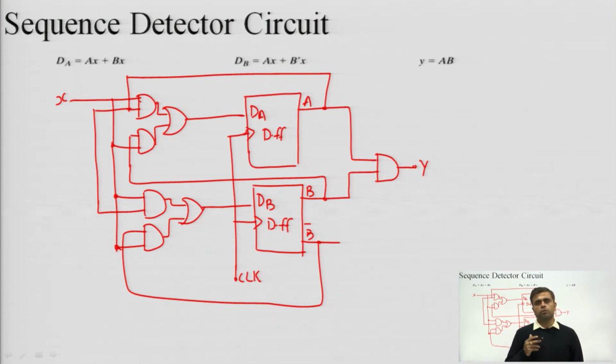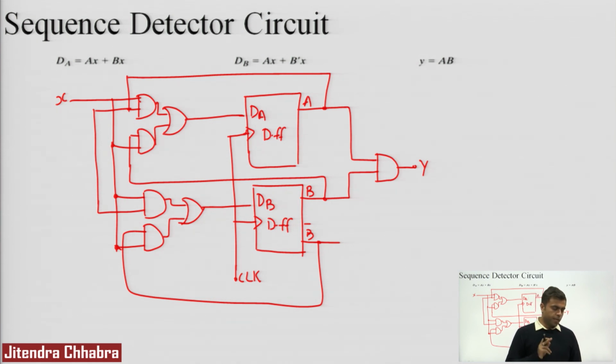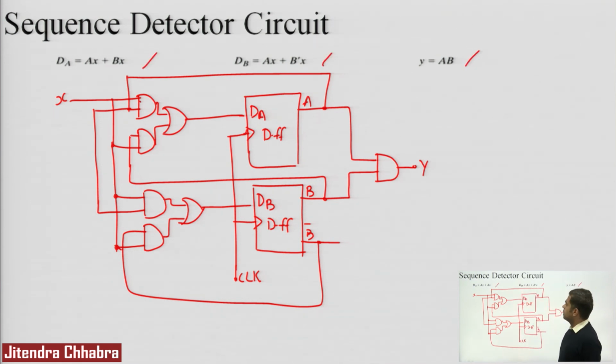Then we converted that into a state table, and the state table was converted into minterm expressions. Those minterm expressions were fed into K maps. The K maps were solved to find the expressions, and finally these expressions were converted into a circuit. So this is the design of a circuit from the given word description.